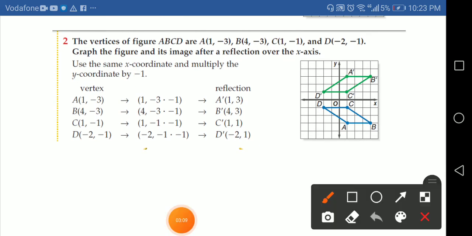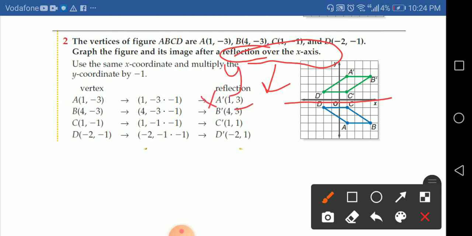We can have the transformation as reflection. Reflection, I'm not going to give you a rule. You will find the rule. The rule is very easy: multiply by negative 1. Here he asks you the reflection over the x-axis. X-axis. This means what? This means that I'm going to multiply the y coordinates by negative 1.